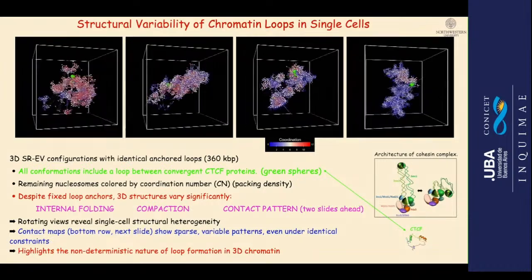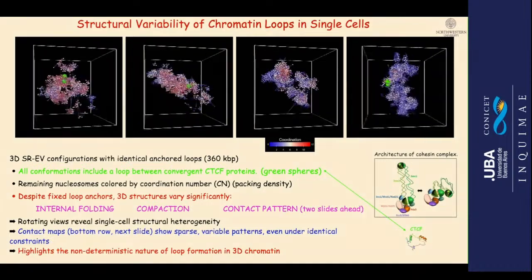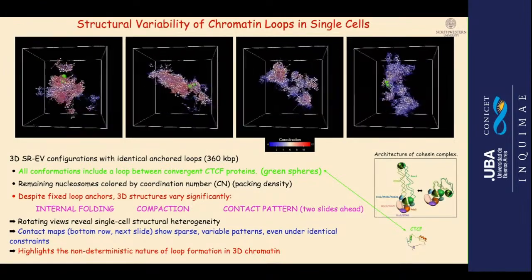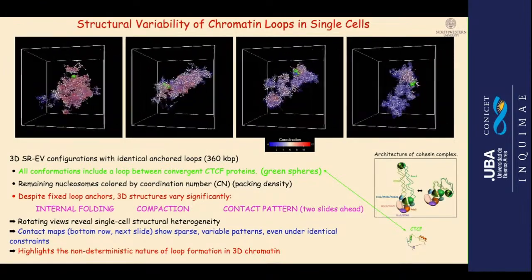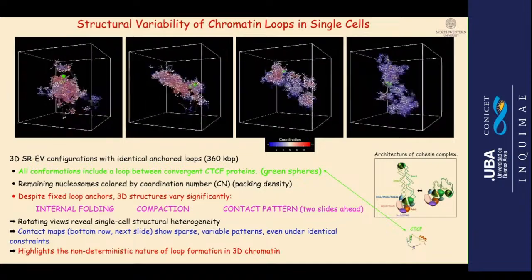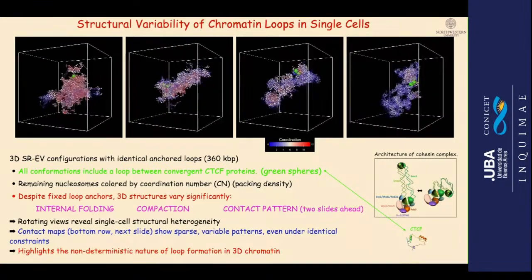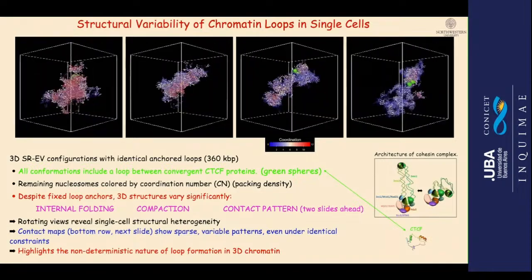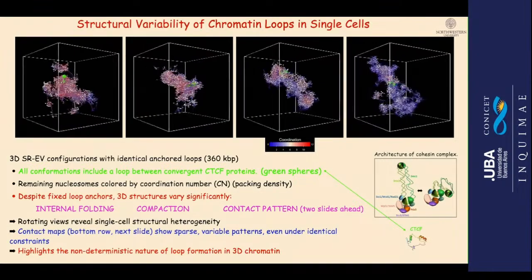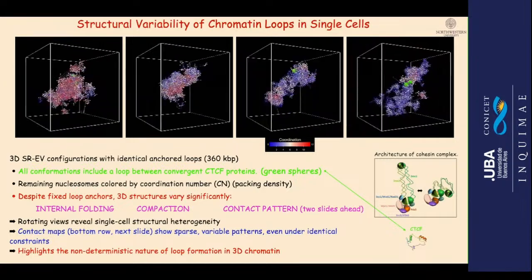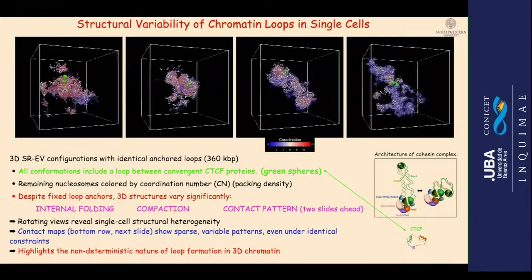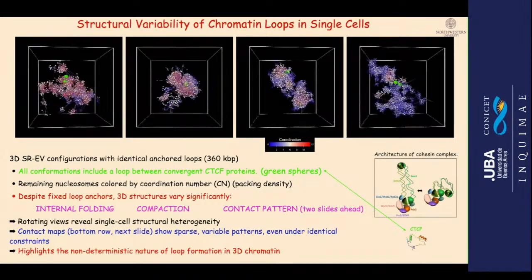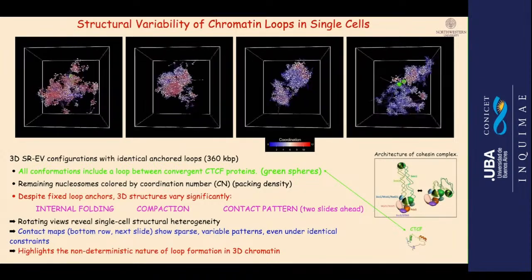In this slide, we show single-cell variability of the anchored chromatin loop with the SR excluded volume model. What you are seeing in each panel is a small part of a 4 chromosome scale SR excluded volume configuration.